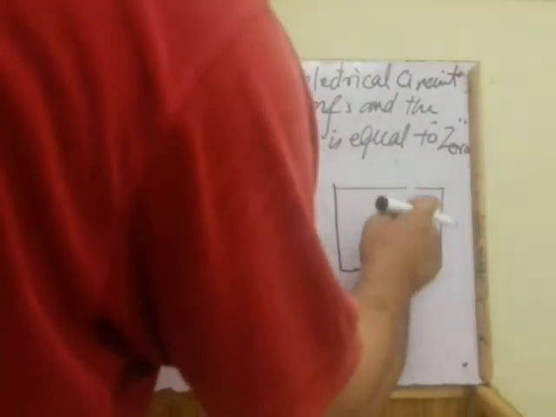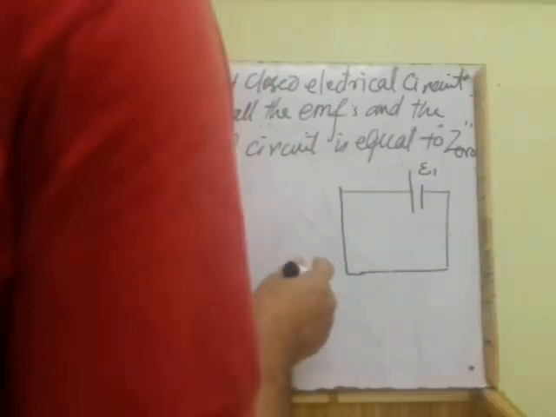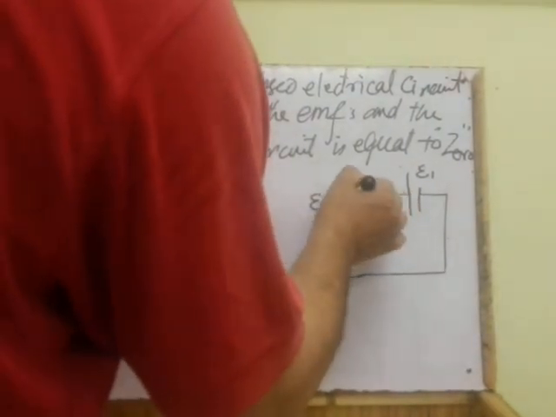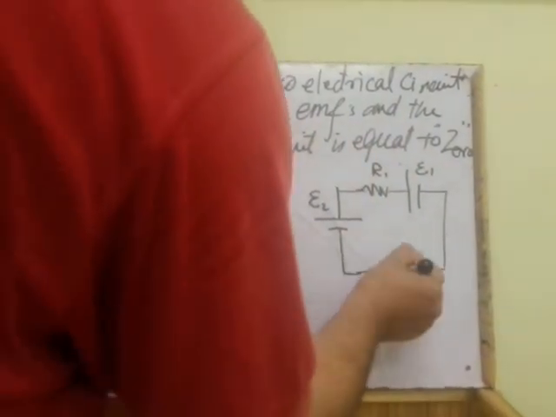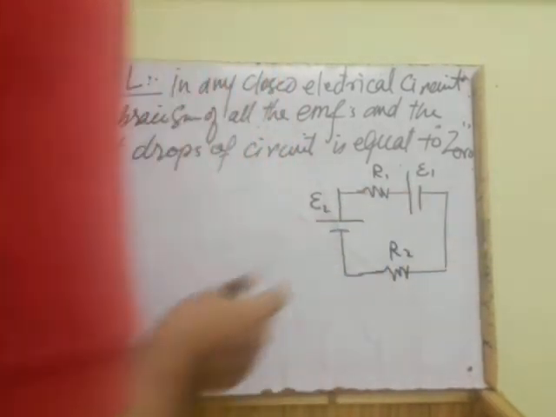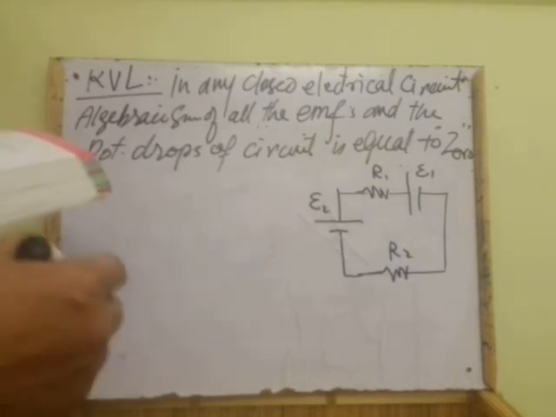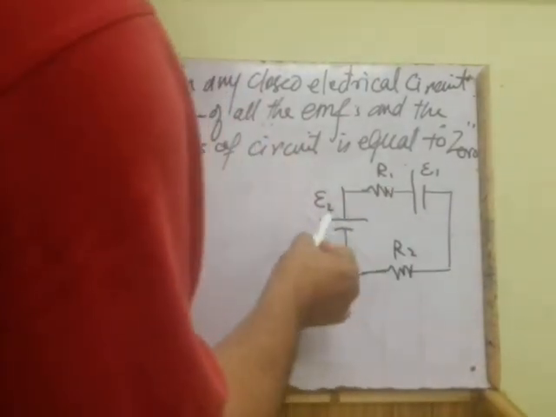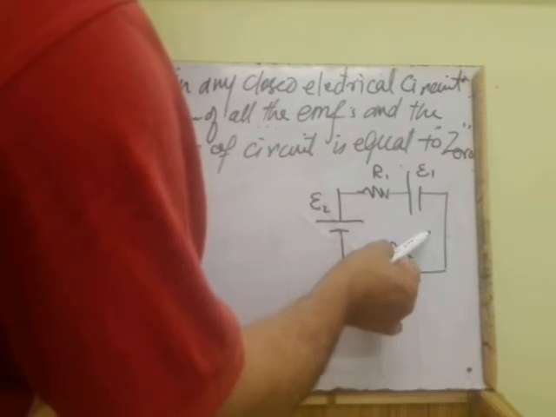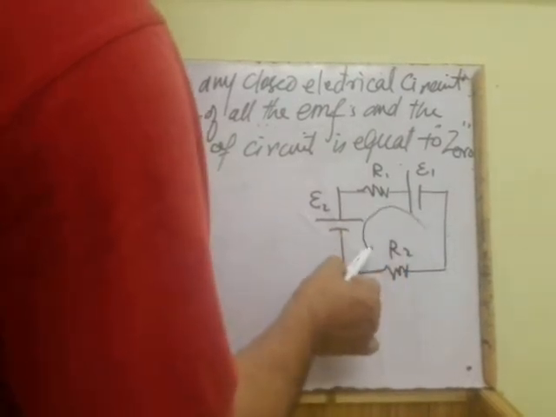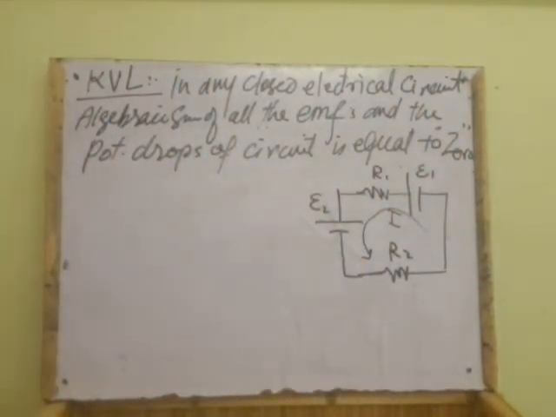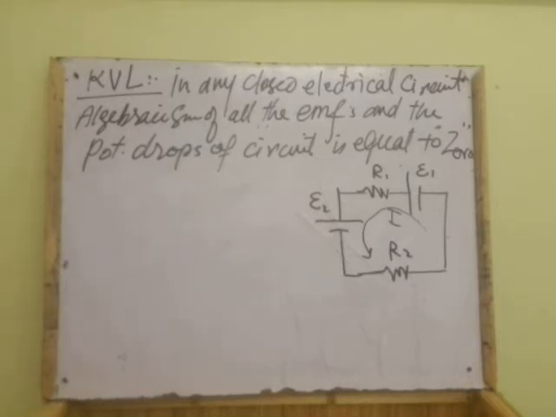This is a circuit diagram which has EMF 1, EMF 2, resistor R1, resistor R2, and for example, we consider that the value of this EMF is greater than this one, so we can take the direction of the current along this circuit as anti-clockwise, current I. So from this diagram, we can explain KVL.